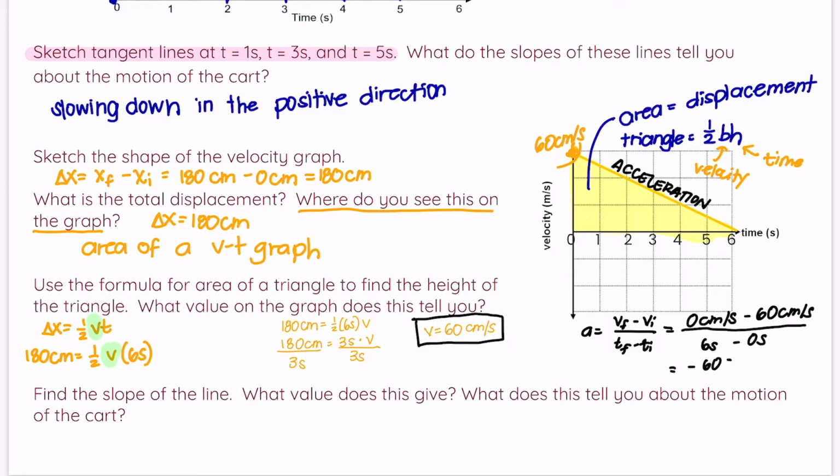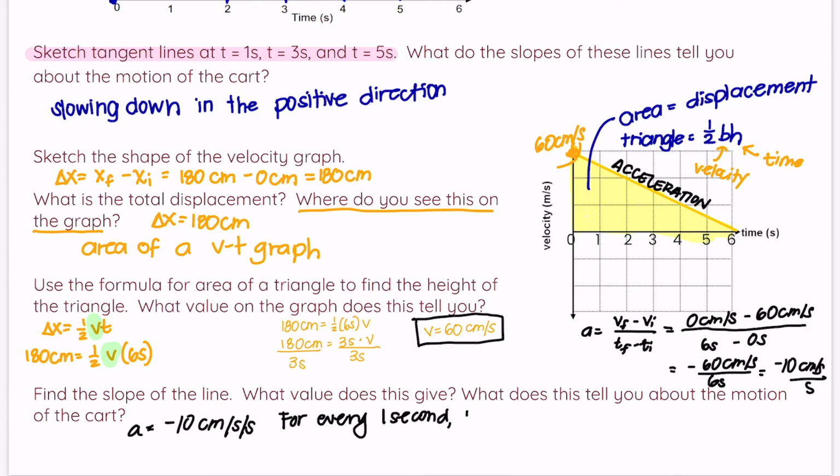And we have negative 60 centimeters per second over 6, which is going to be negative 10 centimeters per second per second. All right, so our slope, which is our acceleration, is negative 10 centimeters per second squared, and that value tells us that for every 1 second, the cart decreases speed by 10 centimeters per second. And that is it.